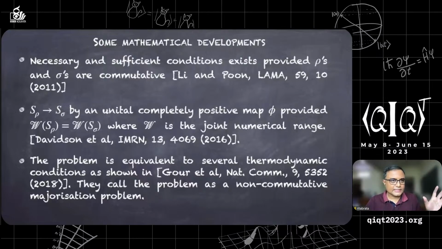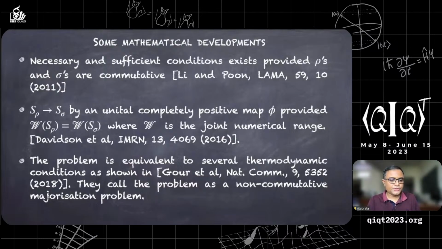So basically each is a classical-quantum state, and you are trying to find out whether there is a single completely positive trace preserving map that sends one classical-quantum state to the other, and then you take the measurement and see whether it works out. This is what they called the non-commutative measurization problem.